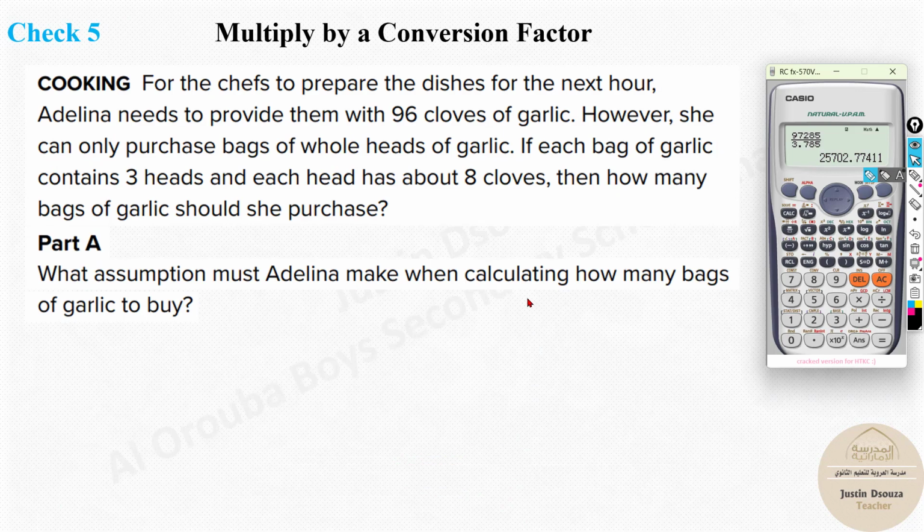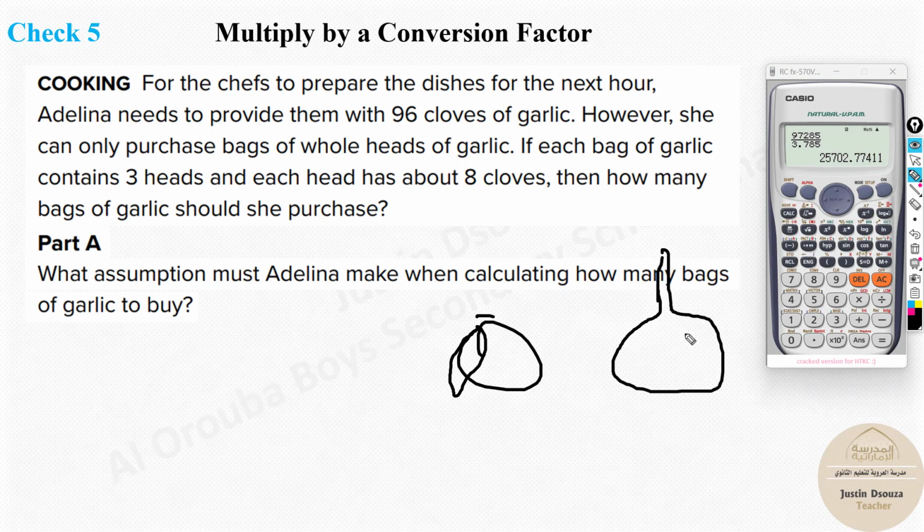For the chef to prepare the dishes for the next hour, Adelina needs to provide them with 96 cloves of garlic. Now garlic is one of the spices which will be in a bunch. It's something like this, and there'll be many cloves in the garlic, isn't it?